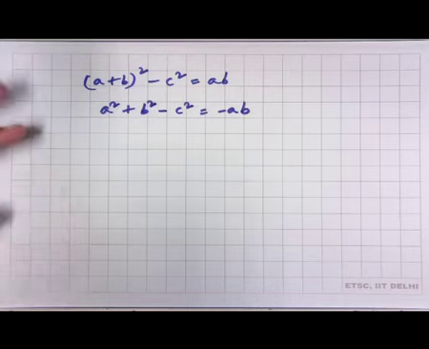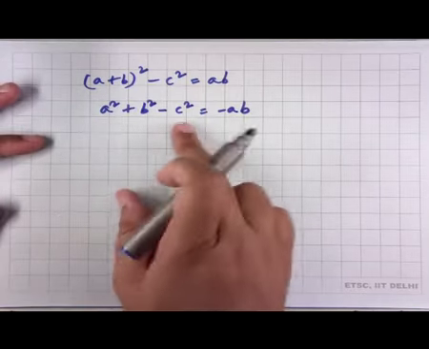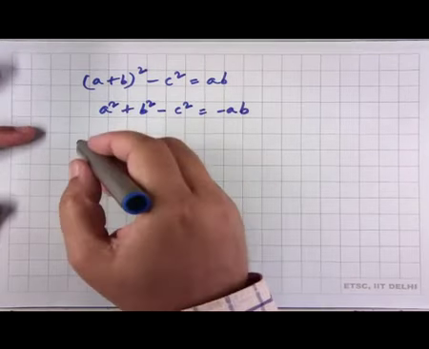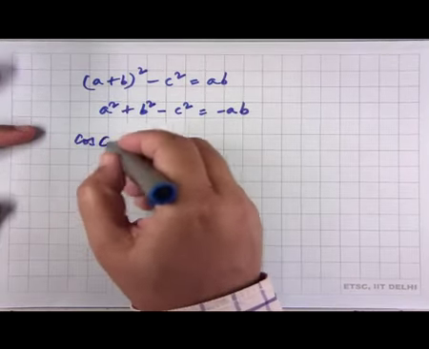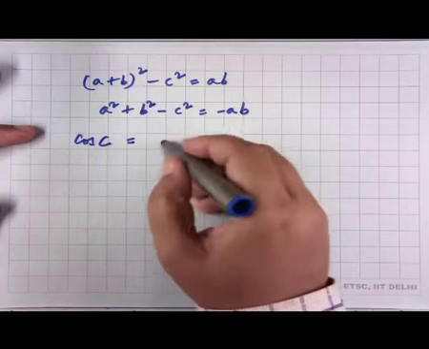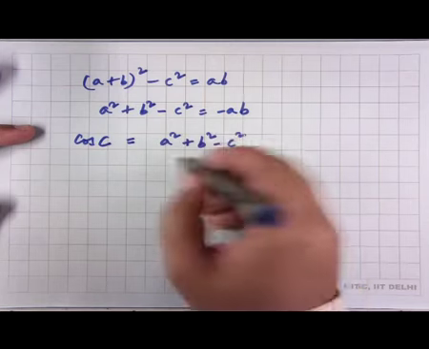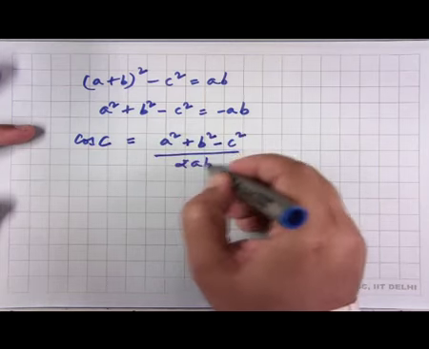But we have already seen this type of expression. If we recollect, the cosine formula for cos C is precisely (A square plus B square minus C square) over 2AB.